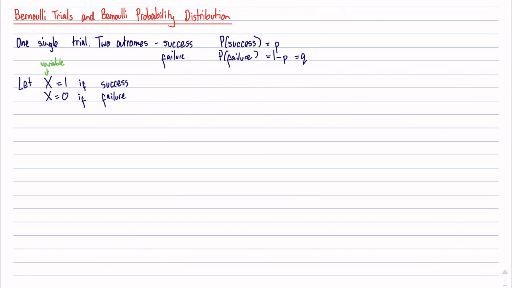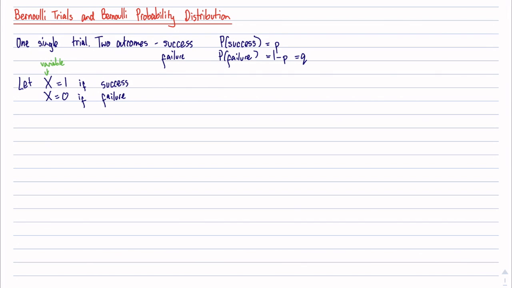So if we were flipping a coin, then we get a 1 if we flip a head. If we were rolling a dice and wanted a 6, then X would be 1 if we roll a 6, and X would be 0 if we rolled anything other than a 6.